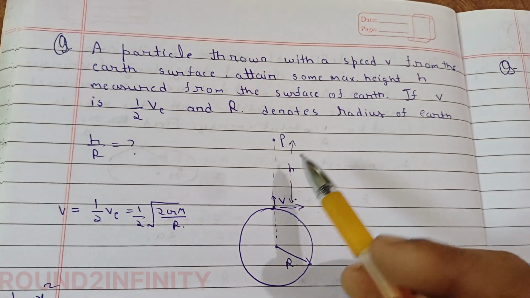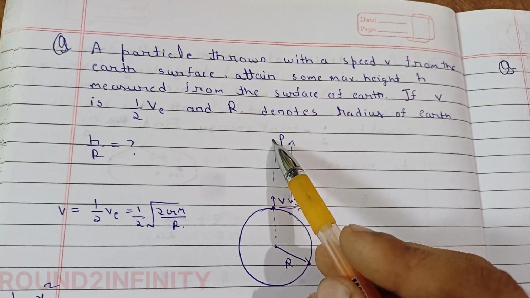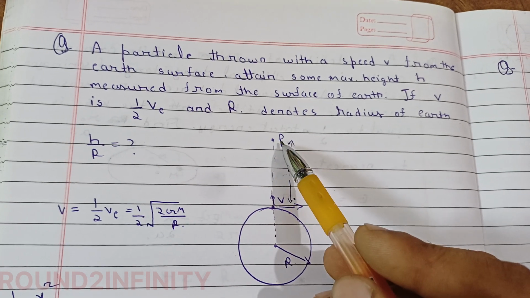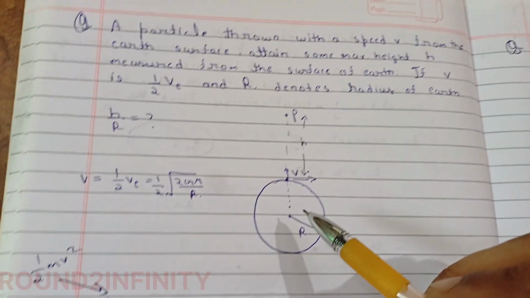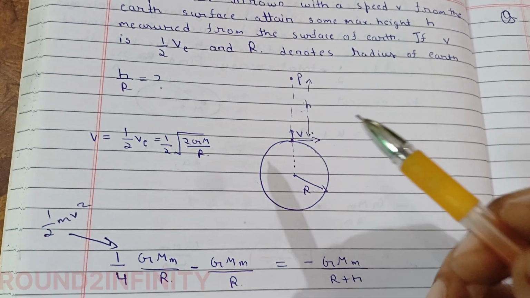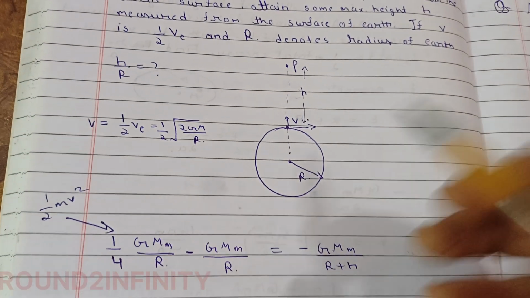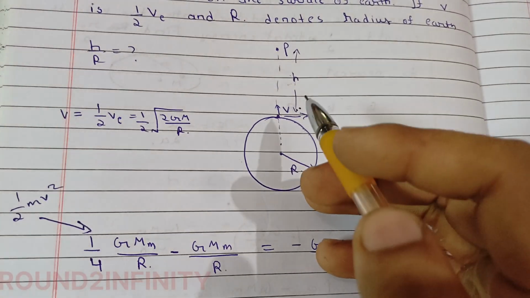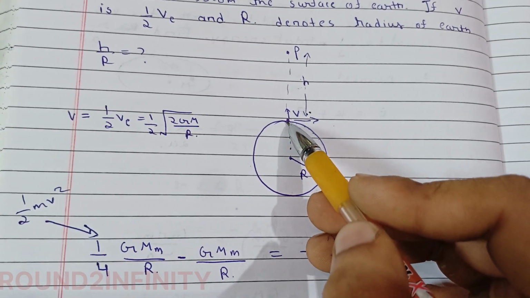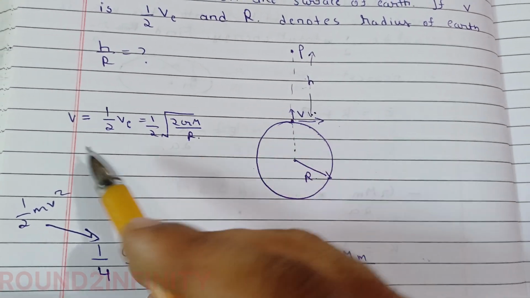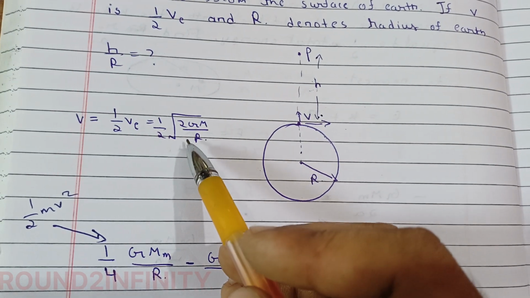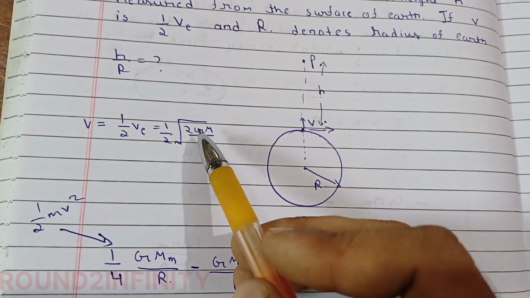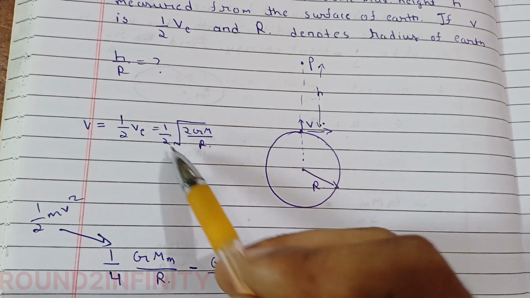We will again use the law of conservation of energy. At the top point there is only potential energy, and the distance is R plus h, so minus GMm over R plus h will be your potential energy. Let's first find the total energy at the starting point. The velocity here is half of the escape velocity. Escape velocity is nothing but under root 2GM over R. So this is your velocity at this point.